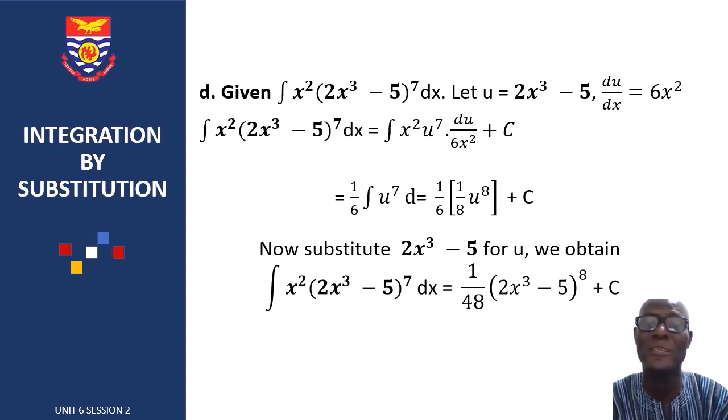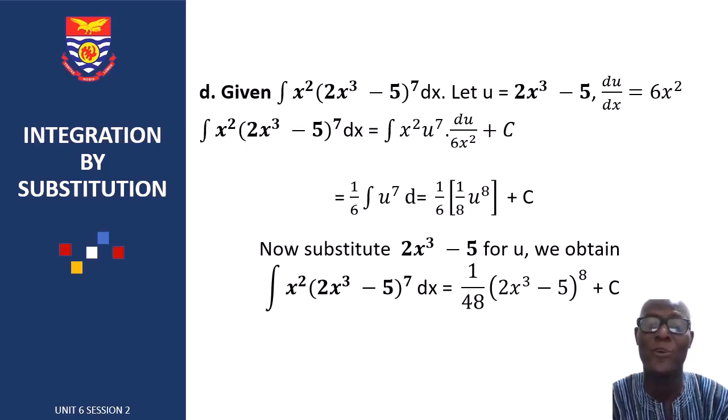Now integrating u power 7, we have u power 8 divided by 8. Then multiplying the constant plus c, which is the constant of integration. Now we substitute 2x power 3 minus 5 for u. So meaning wherever we have u in our expression above, we put 2x power 3 minus 5.